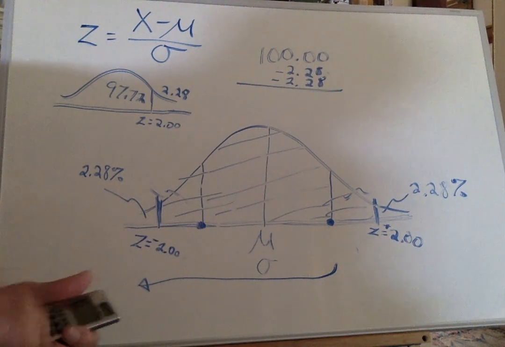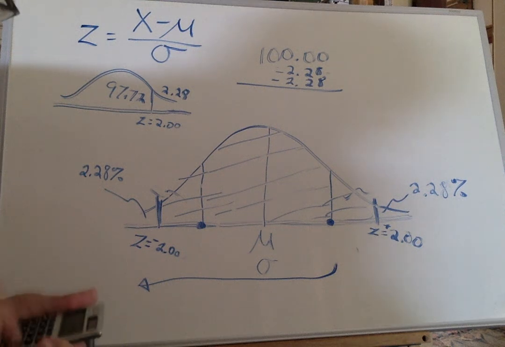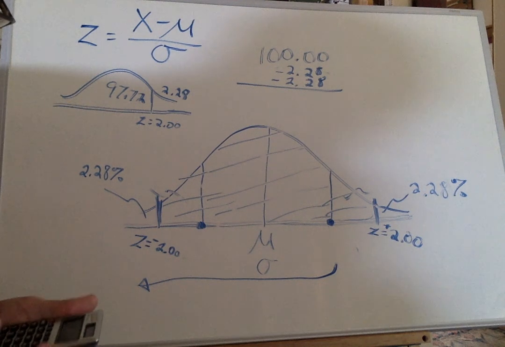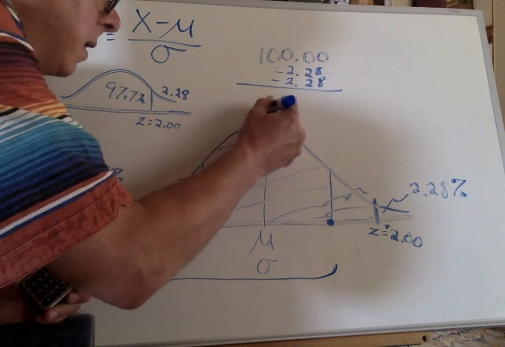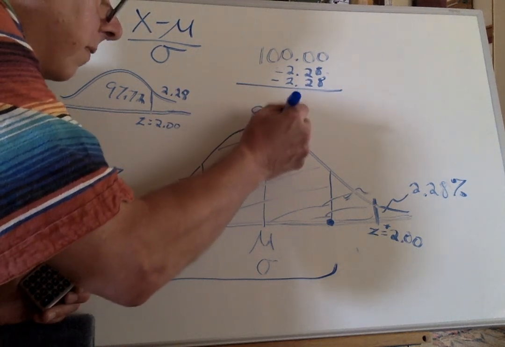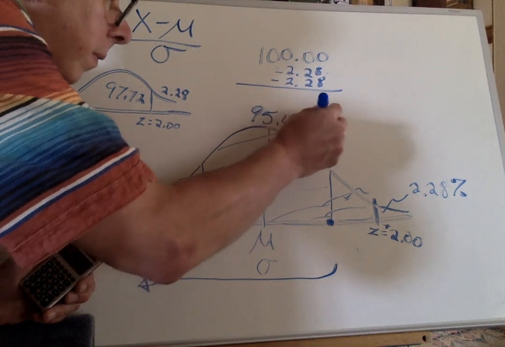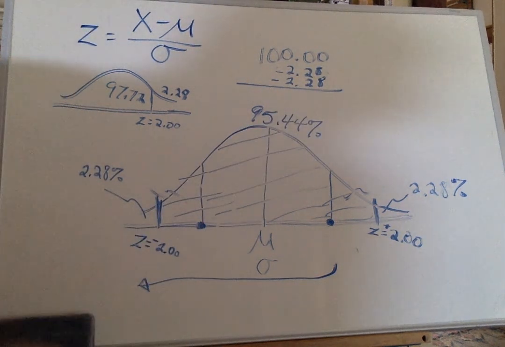Let me get my handy dandy calculator here. So 100 minus 2.28 minus 2.28 equals 95.44%. So that's good.